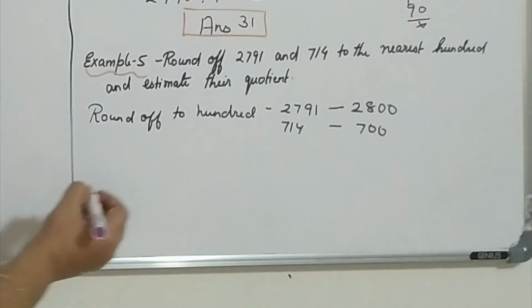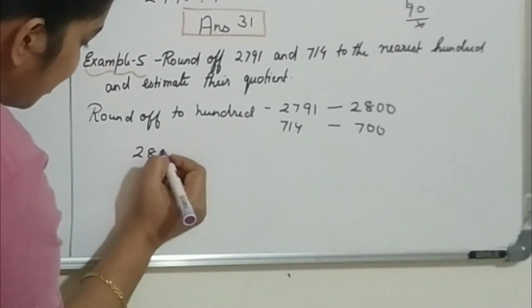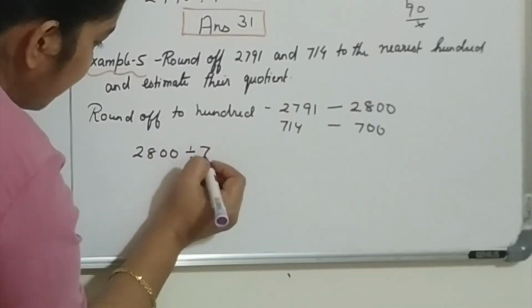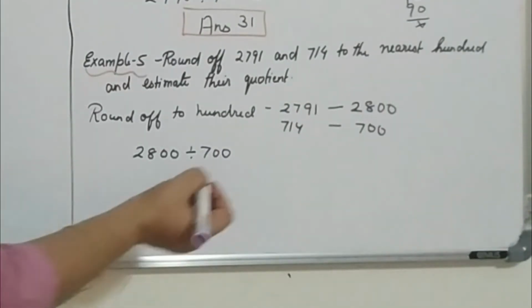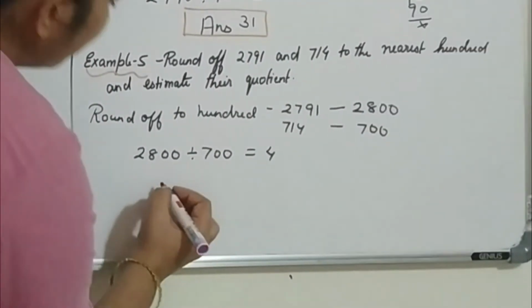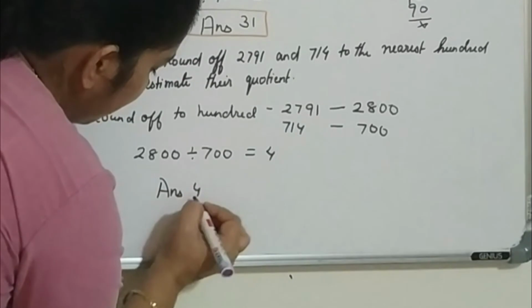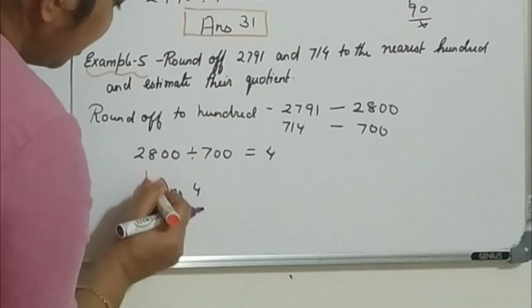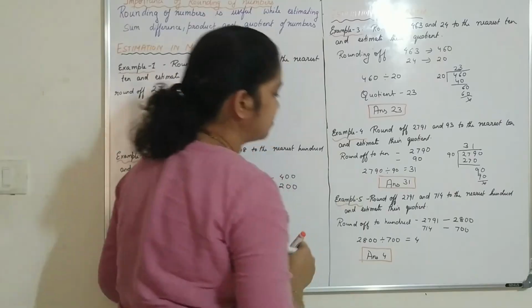So when we divide to find the quotient, what will it be? 2800 divided by 700. It is easy. You can find 4. So the quotient is 4, and the answer to this question will be 4.